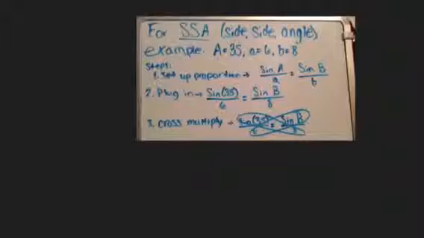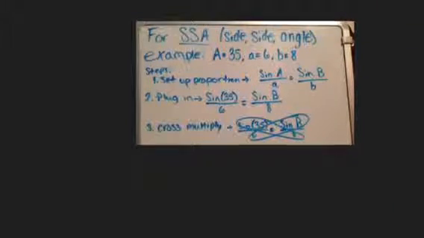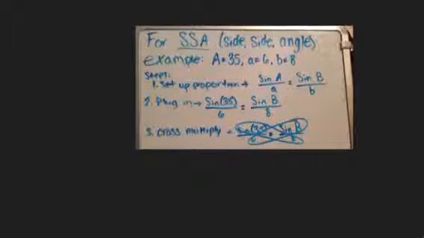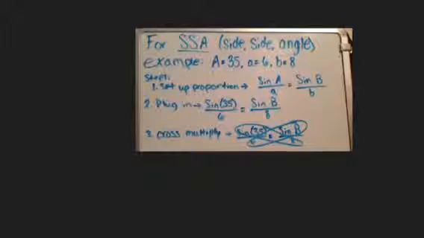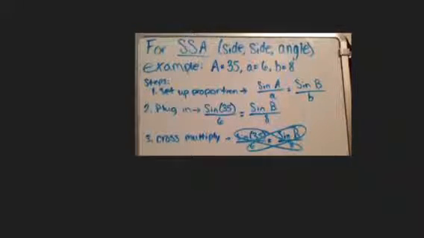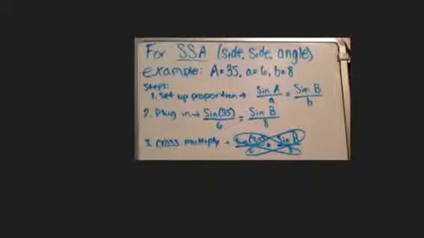In the example, angle A equals 35, side a equals 6, and side b equals 8. You set up the proportion, and it's sine of angle A over side a equals the sine of angle B over side b, and you plug in the known numbers.